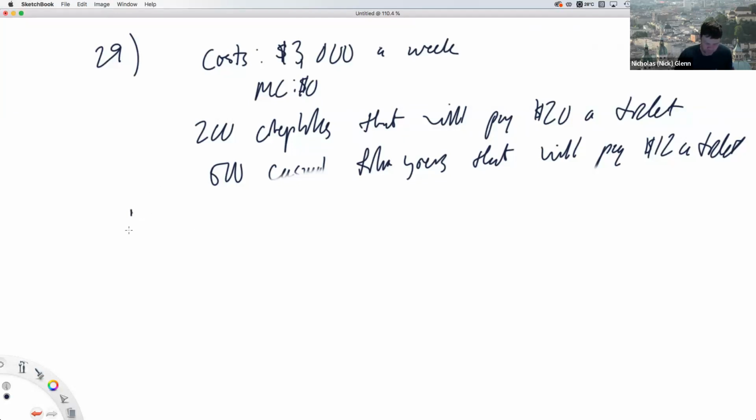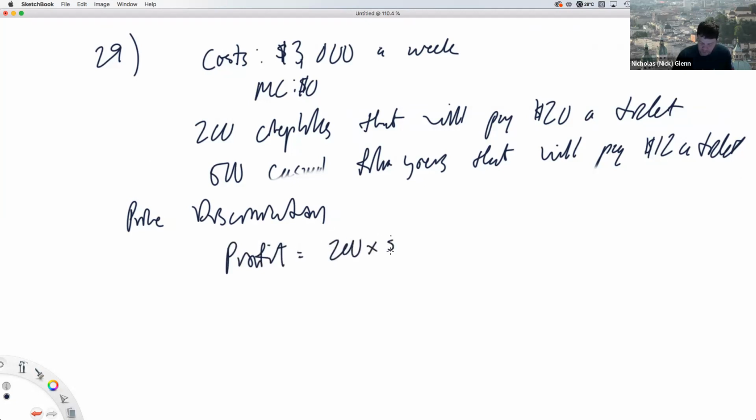All right. So we have price discrimination. Let's see what the profit will be. The high profit without it was $3,000. Let's see what the difference is. You're going to get these cinephiles and charge them $20 a ticket. Maybe release the movie early, let them see it, but they have to pay a little bit higher price.